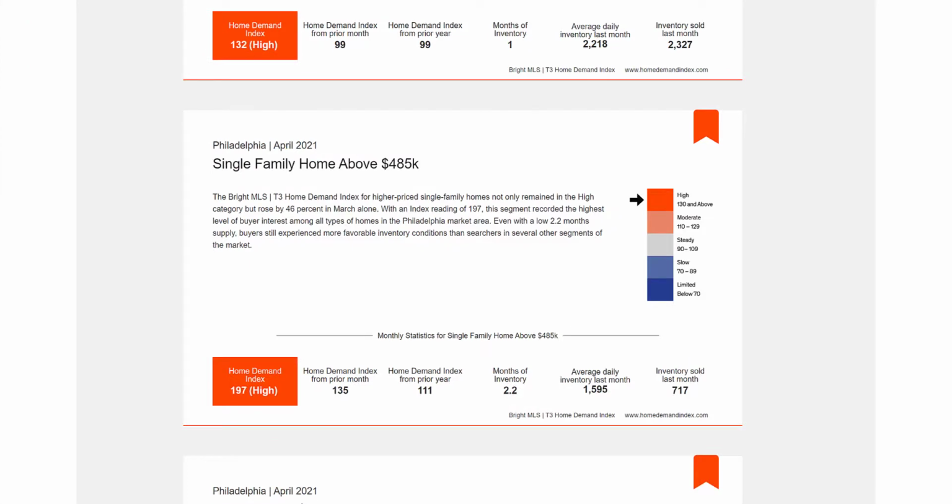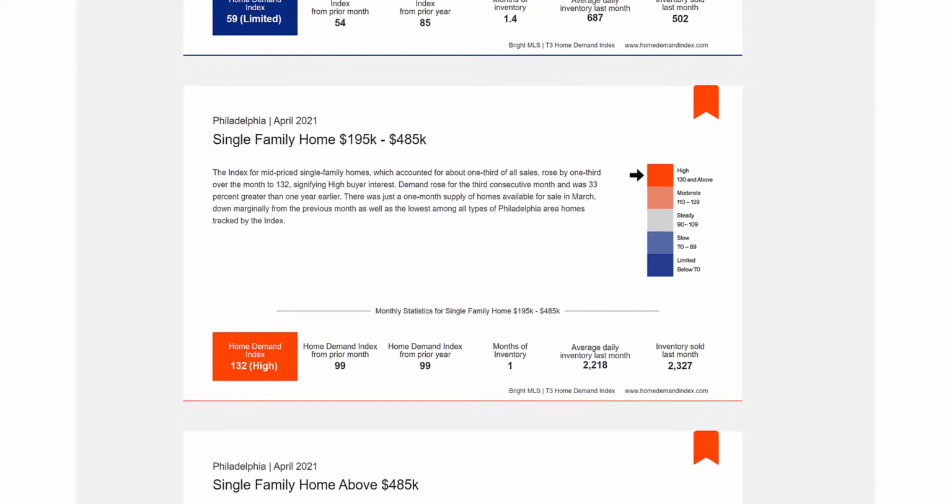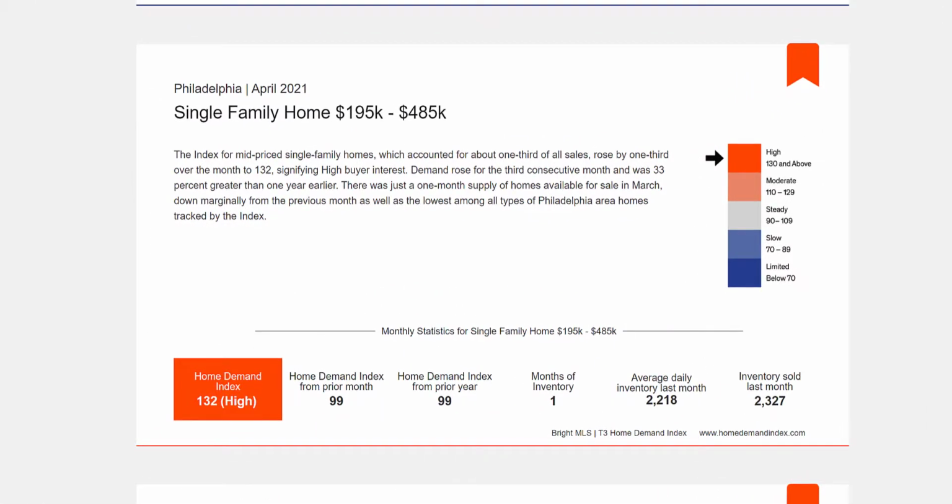If we scroll up to single families between $195,000 and $485,000, we've got a report demonstrating a market where shopping activity is also high, but we've got a different situation in terms of daily inventory and inventory sold last month. And we can think about what we potentially can anticipate if we are working with a buyer who needs to buy in that price range.